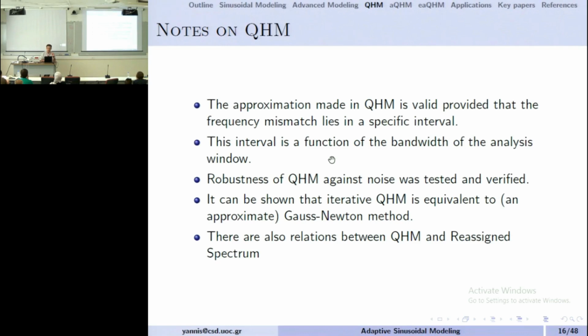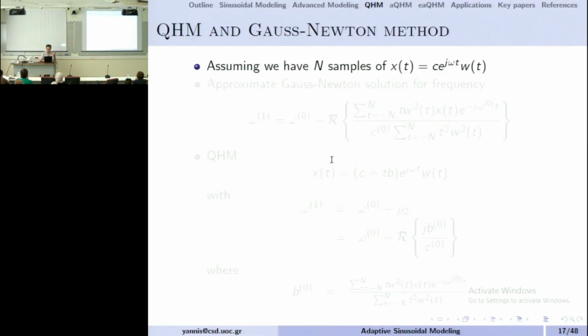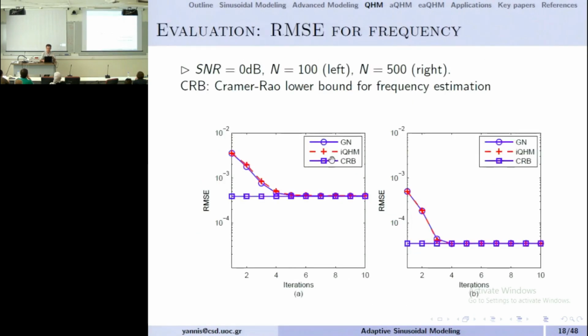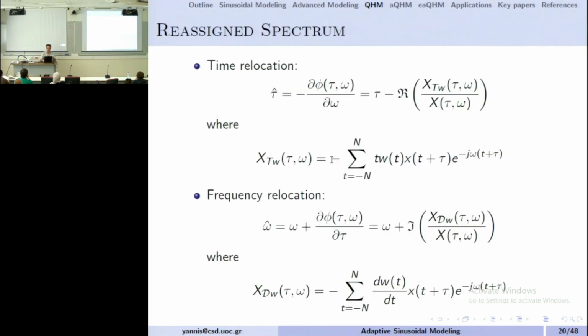And we can show that this quasi-harmonic model, if you take into account also ρ1, not only ρ2, can lead you to a reassigned spectrum, which is the better spectrogram that you can have. Now, I will not go into these details. There are some papers that show that. But nevertheless, it shows that the Gauss-Newton method works similarly to the quasi-harmonic model.